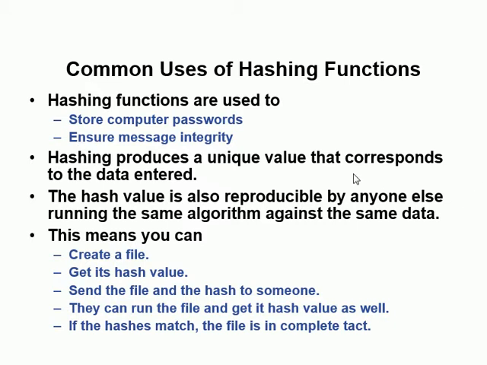So there's really two primary uses of hashing functions that we talk about. One is for storing passwords, and the second is for ensuring the integrity of a message. So basically what this means, for storing computer passwords, if I have a password and I take a hash of that password, I can verify that when somebody puts in a password, it matches what they had put in originally for their password.